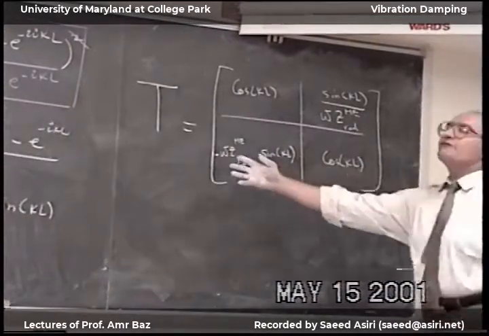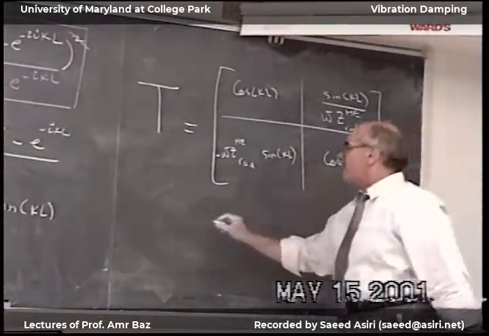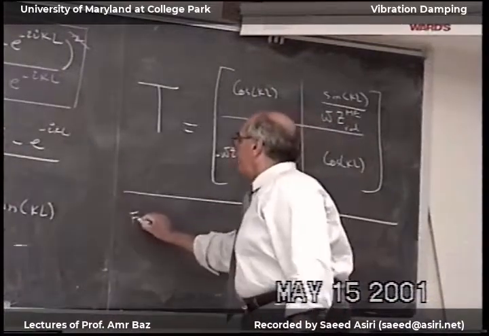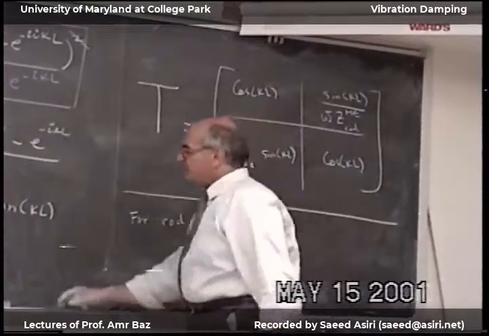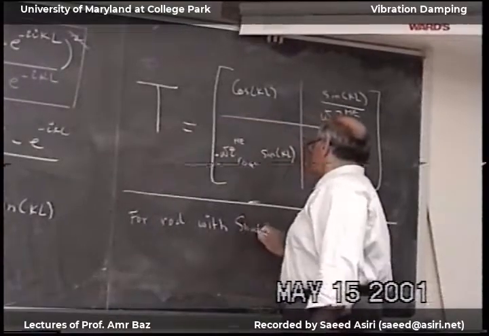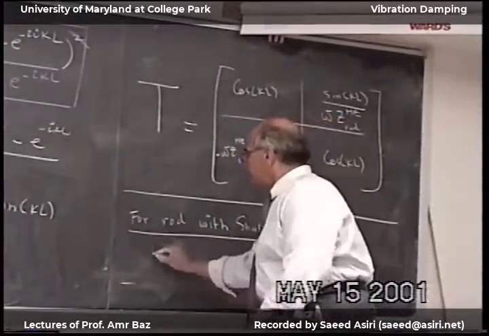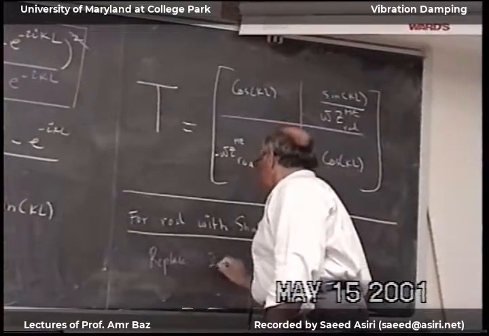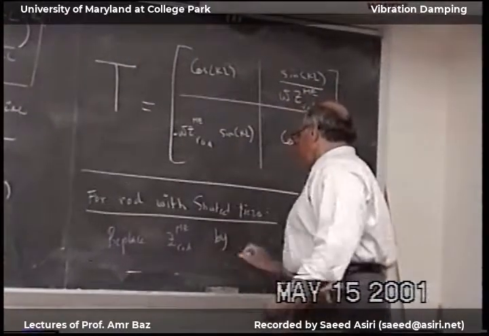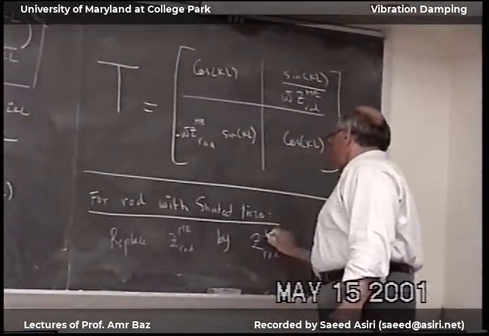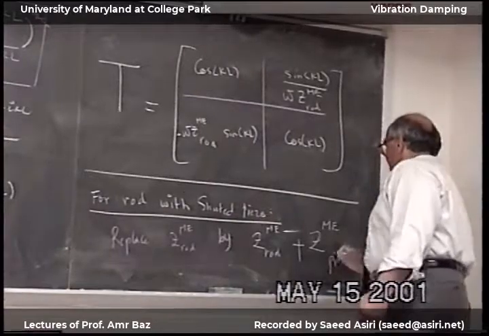Now, this is the transfer matrix of a rod, okay? For a rod treated with piezoelectric material, shunted piezo, replace the mechanical impedance by Z piezo.